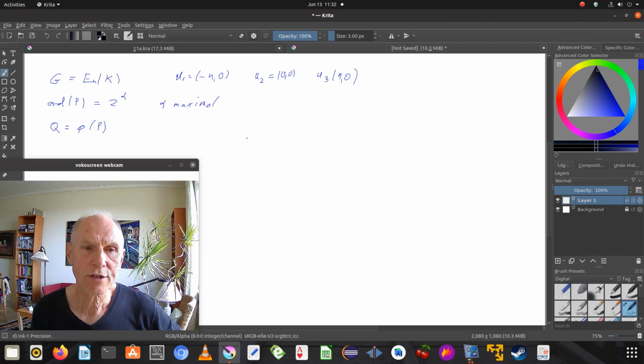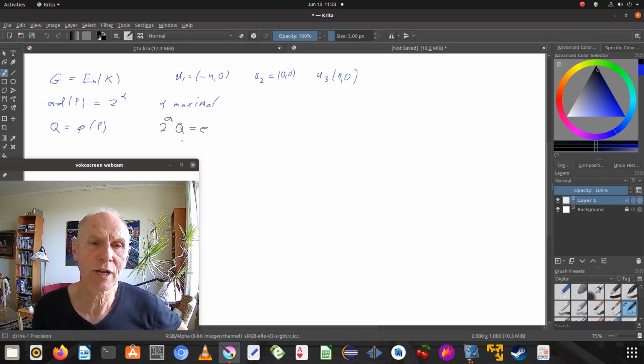So the first thing to consider is that the 2 to alpha of P is a unit element, so 2 to alpha times Q is the unit element. And that means that the order of Q is a power of 2. The exact order of Q here, the power of 2.